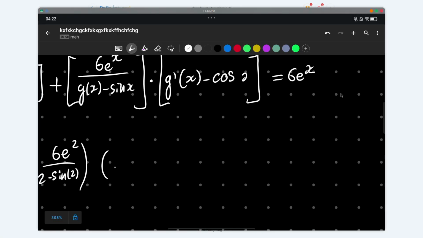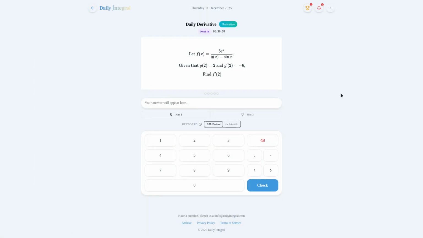Minus 6, minus flip. Oh no, never mind. So f prime of 2 is just equal to that minus that over that, which is just negative positive over that divided by that, which it already is.